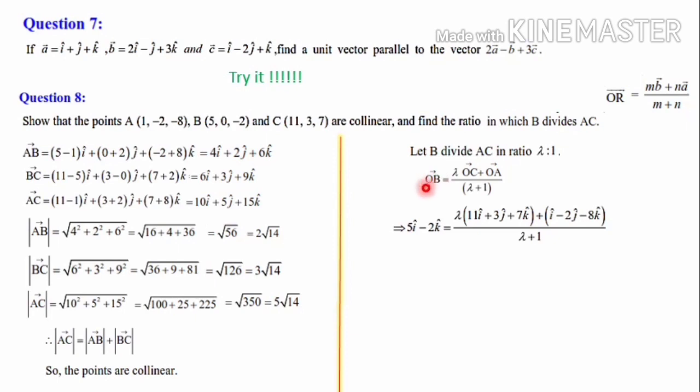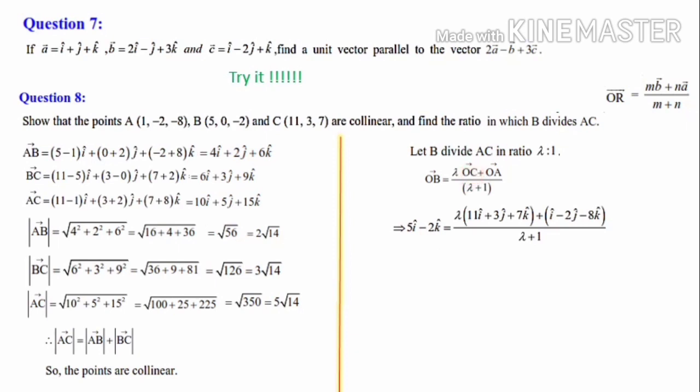The coordinates of O are (0, 0, 0) and the coordinates of B are (5, 0, -2). The second one minus the first one means 5 minus 0 is 5, so 5i cap. 0 minus 0 is 0, so j cap is not there. Then minus 2 minus 0 is minus 2, so minus 2k cap is equal to lambda into OC.